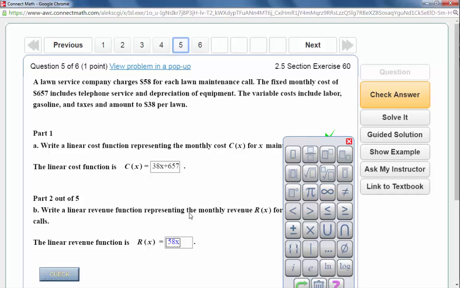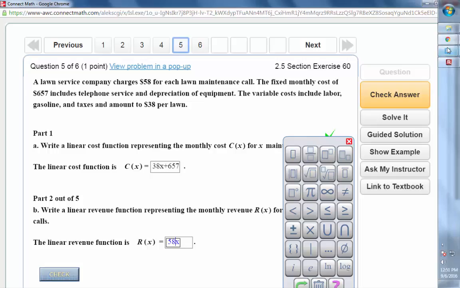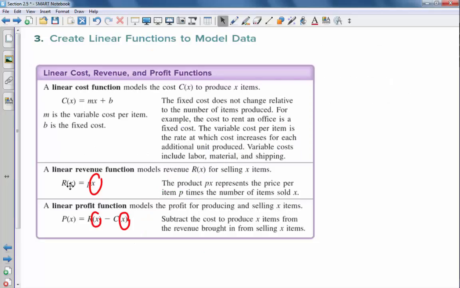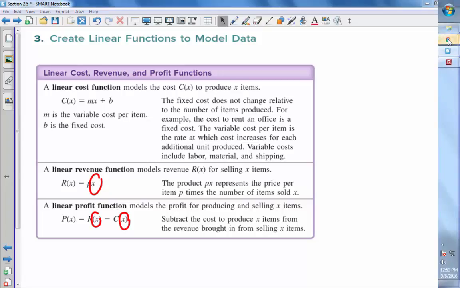Again, remember the revenue formula? It's the price you charge times how many calls you made, or in other words, in the chair example, how many units you sell, whatever service you're providing.